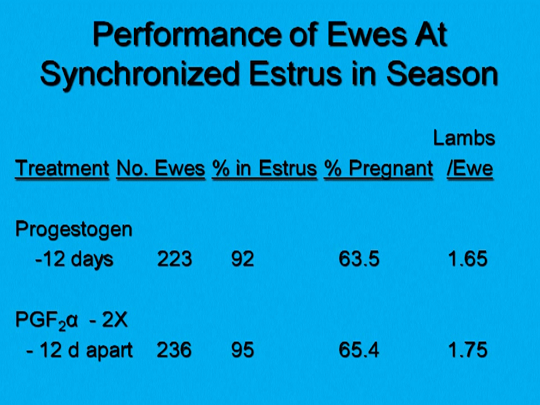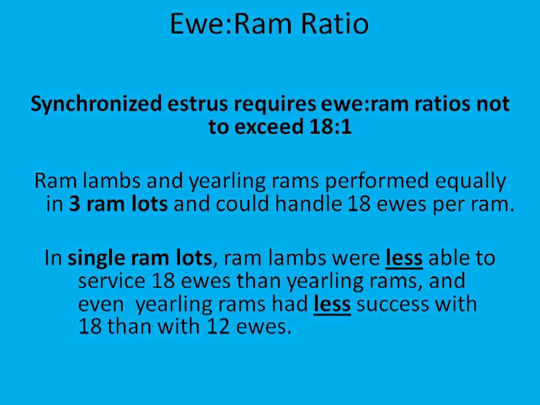And now the question becomes, what do we do when we want to breed these animals out of season? And so we have to think about that. The other thing we have to think about is what kind of ram power do we need in synchronized estrus?